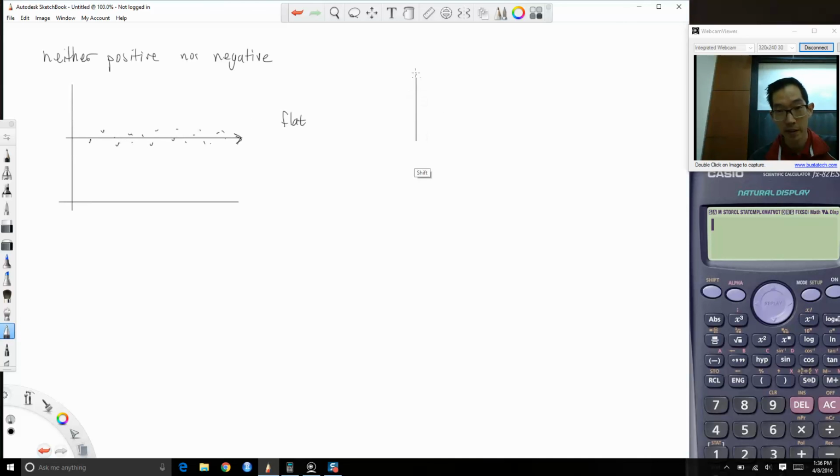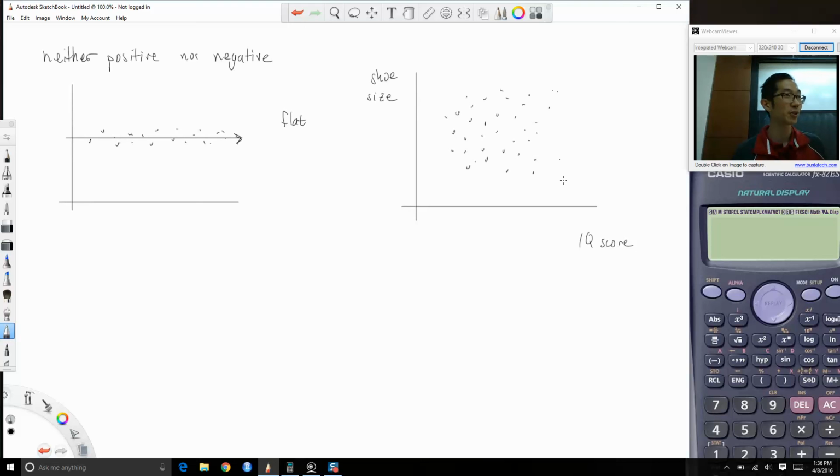Or maybe you just have something like this. This could be something like someone's IQ score versus their shoe size. We would see neither a positive nor a negative trend, because you would have people with high IQs with large shoes and people with high IQs with small shoes, people with low IQs with large shoes, people with low IQs with small shoes.